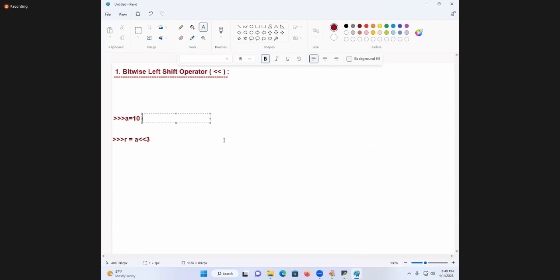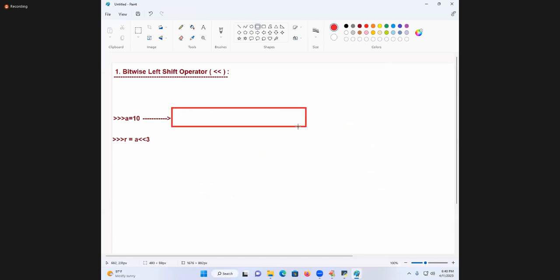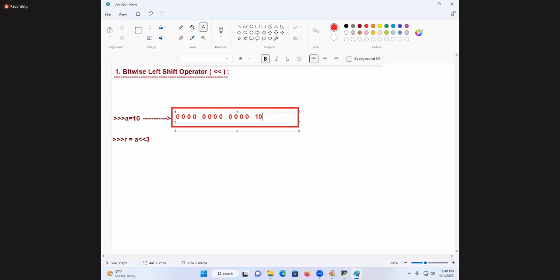Now, students, I want to represent the value of this A something like this. Follow me carefully. I am taking zeros here, here, here and here, and next I am going to take 1 0 1 0.